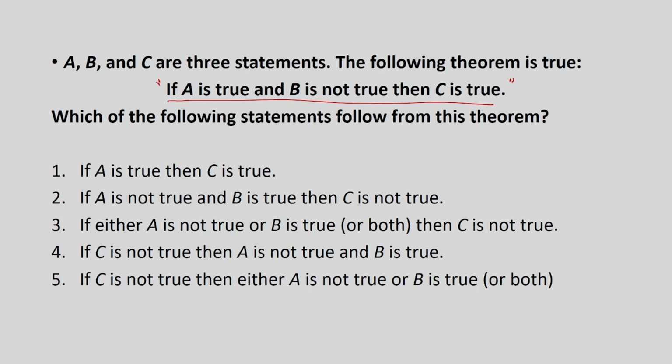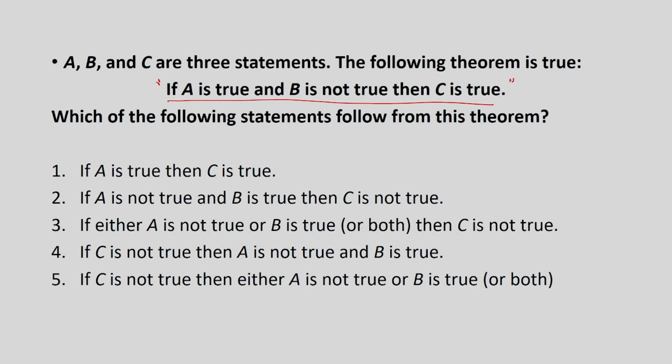Number 3, if either A is not true or B is true or both, then C is not true. So, this was the third sort of statement. The fourth statement is, if C is not true, then A is not true and B is true.